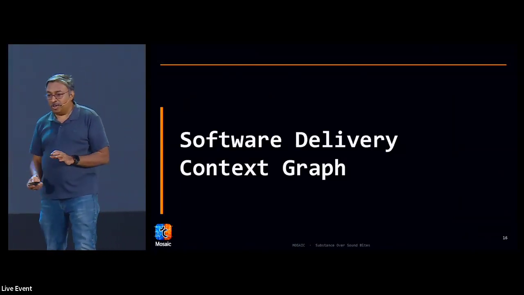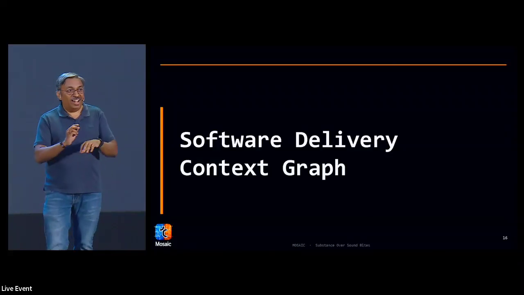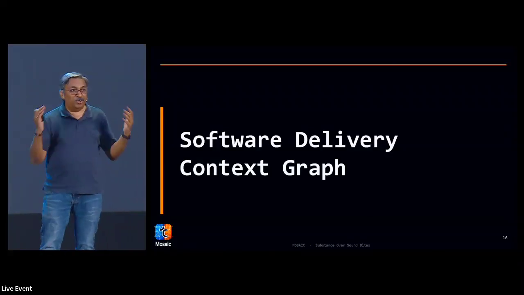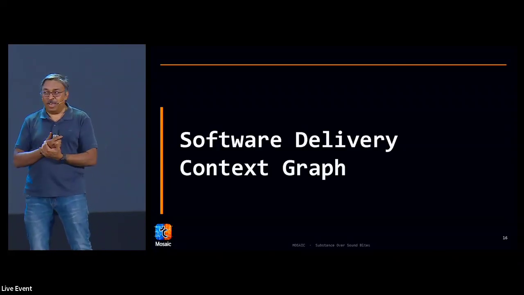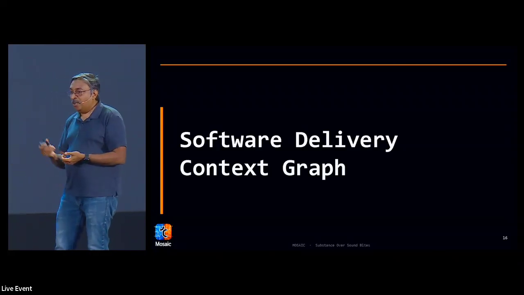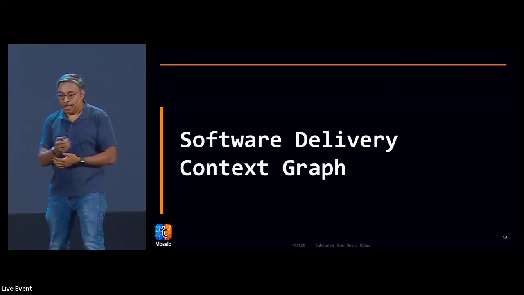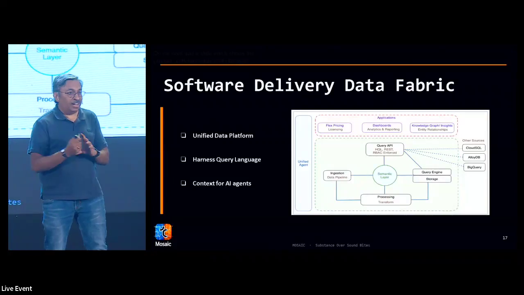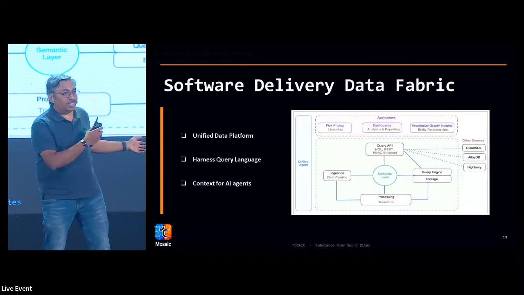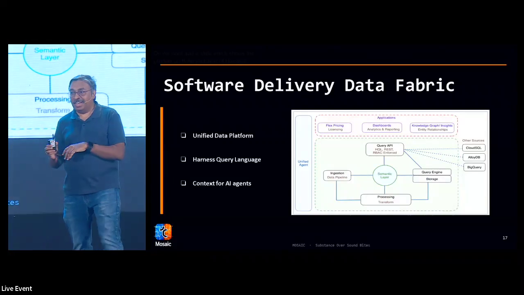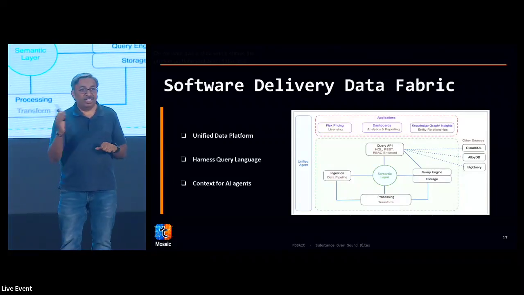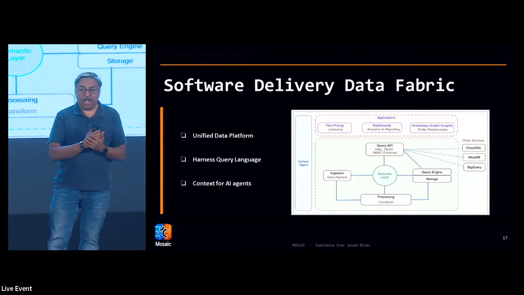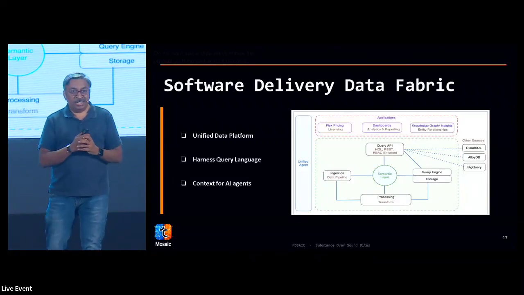No. I know we are all in the AI world, so how do you make sure that we have a unified context graph that is available for people to consume, right? So the first thing Harness did, I think last year, is create a unified data platform. This unified data platform is the central system for creating a data fabric.